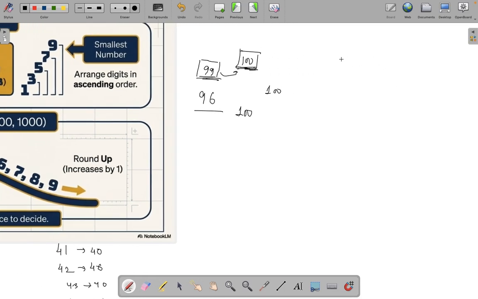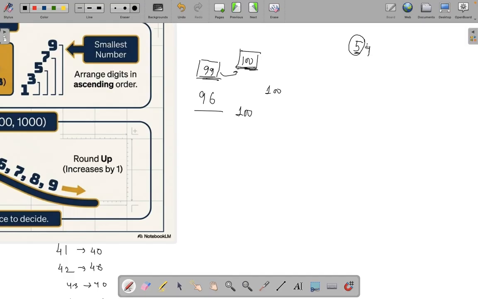First of all, let's see how we round off numbers to the nearest 10. Say you have a number 57 or 54, and I'm asking to round this off to the nearest 10. You look at the tens digit. You have to either increase this or keep it as it is, based on the value just to the right of this.